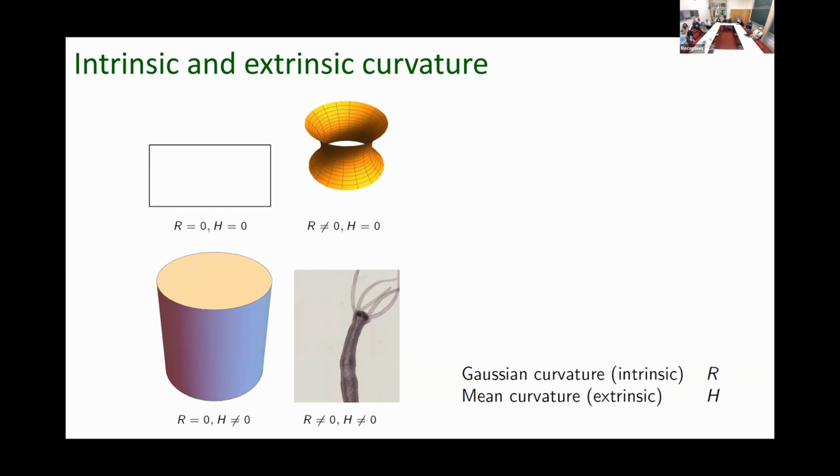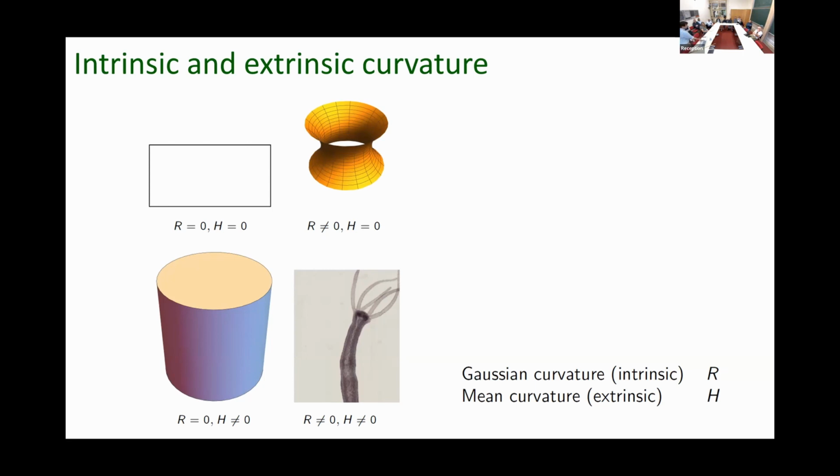However, this clearly has non-zero mean curvature, because if I'm looking at it from outside in 3D space, it looks curved. So in this example, Gaussian curvature is known as an intrinsic quantity because all you need to define it is just the 2D surface.